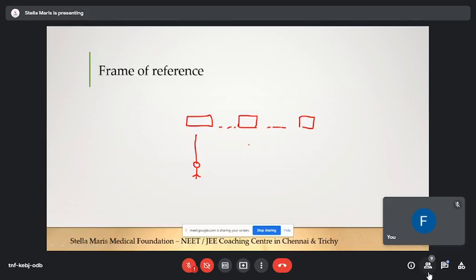It is in a straight line. According to the frame of reference of Auxilia, because she's here, this is a reference point, so from here the car has changed its position from here to here. But Disha is here. So according to the frame of reference of Disha, can we say that the car is in motion? No, sir. Very good.